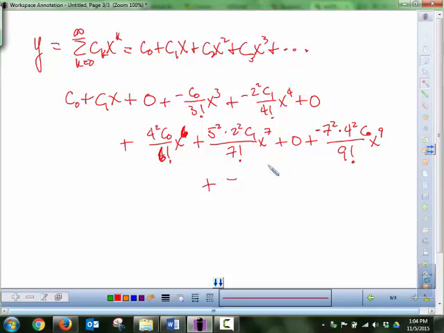And then what's our first number? 8 times 5 squared times 2 squared, c sub 1 or 0? C sub 1, divided by 10 factorial.